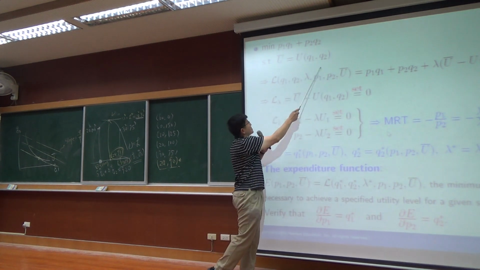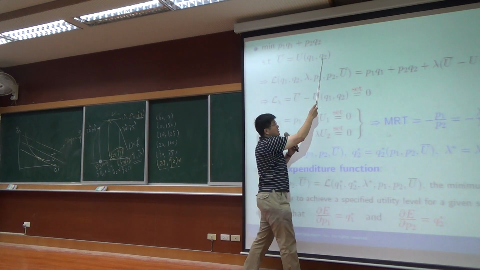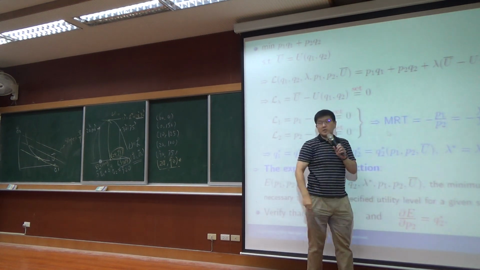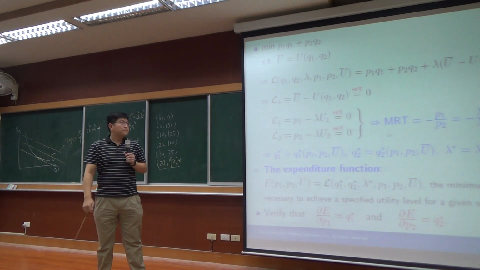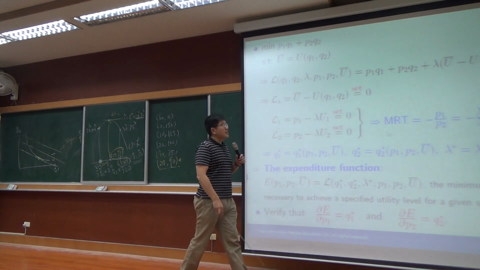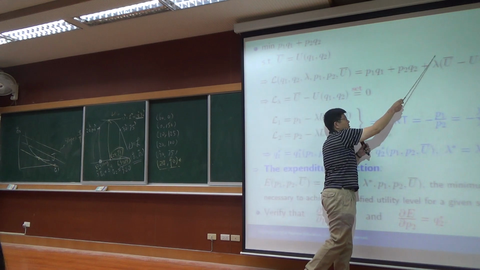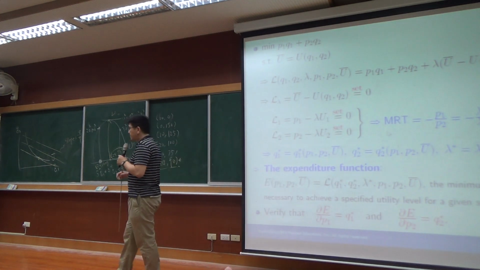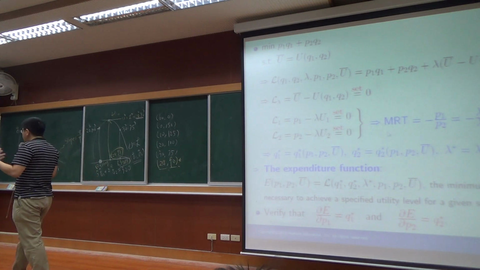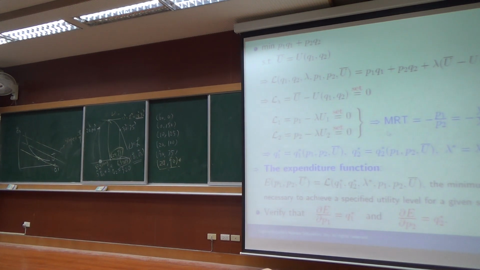So this is the constraint we just put into the parentheses. How to interpret the multiplier now? Can you give it an interpretation?